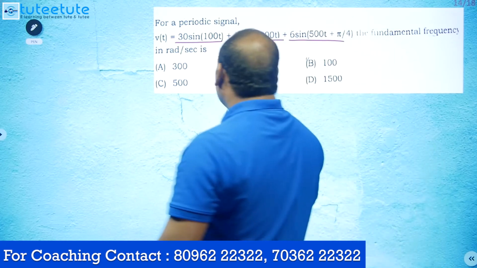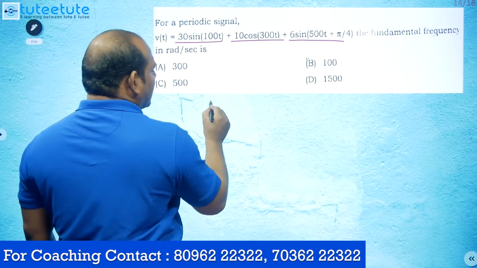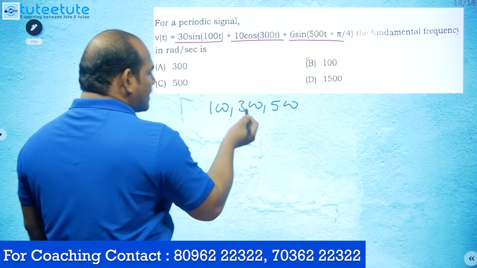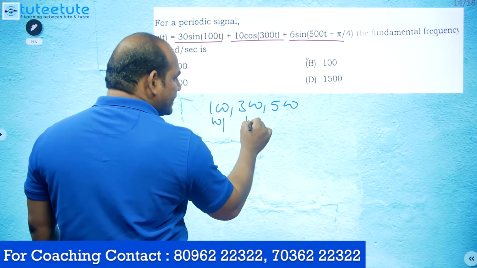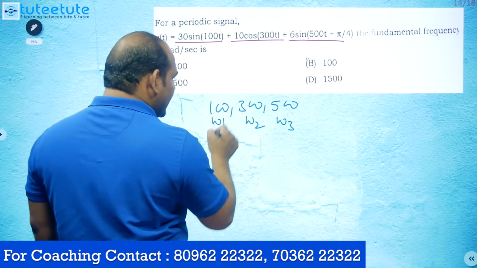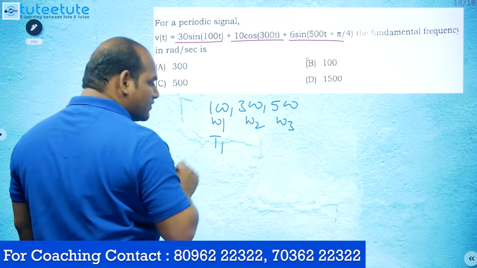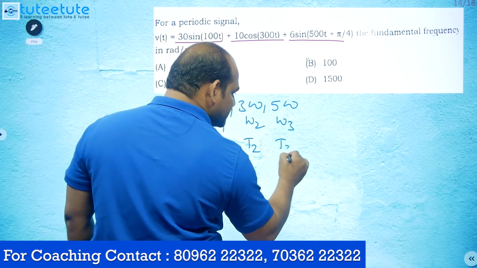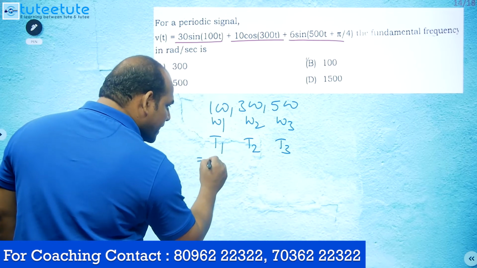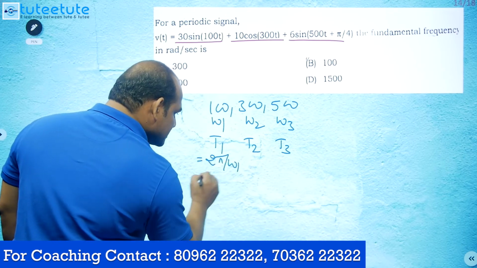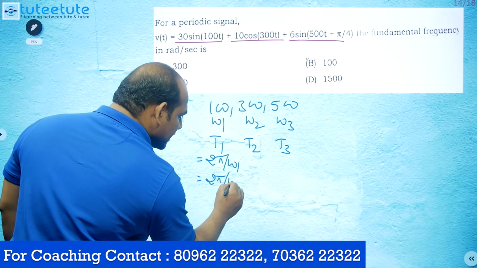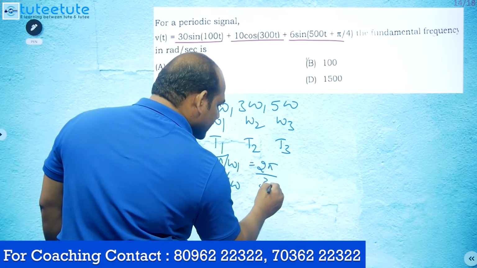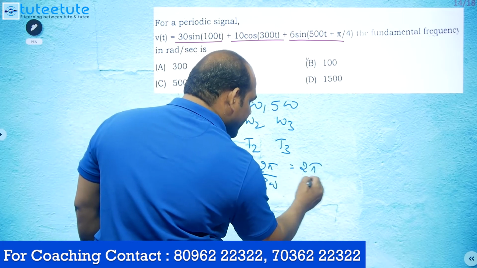Okay. So here we can write 100, 300 and 500. For these we can take omega 1, omega 2, omega 3. For the first one the related time period t1 is there, for the second one t2, and for the third one t3. So t1 is equal to 2 pi by omega 1, that is 2 pi by 100. Related to the second one, 2 pi by 300, and related to the third one, 2 pi by 500.